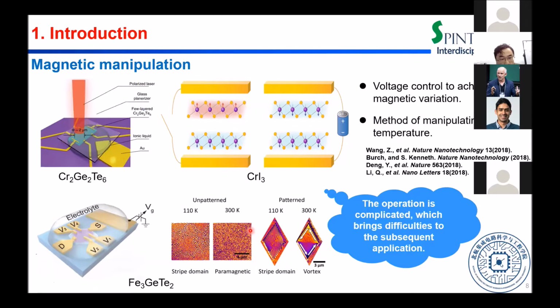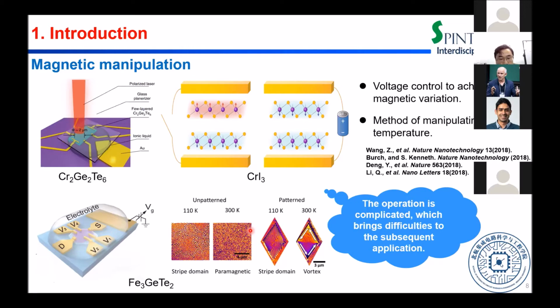You can get room temperature ferromagnetism by gate tuning. Also in this material you can use the patterning method, etching, and you can get room temperature ferromagnetism. But in this way, the anisotropy changes from PMA to in-plane.